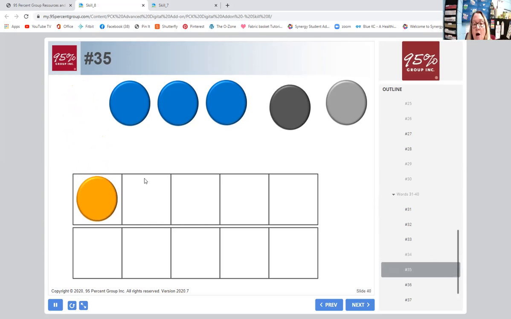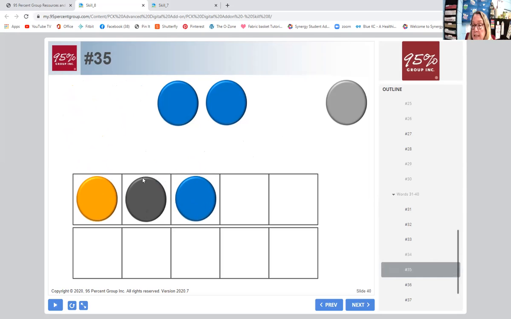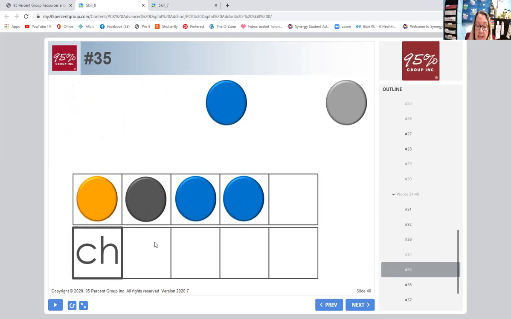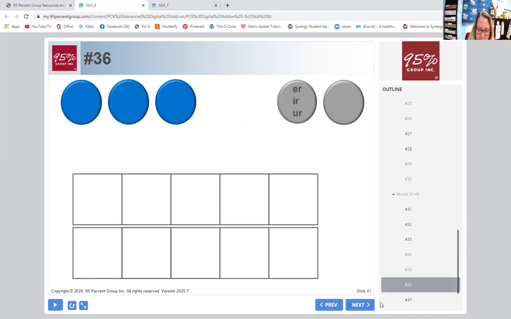There's our diagram. Charms. So you should have that CH. Should have the AR. Charms.